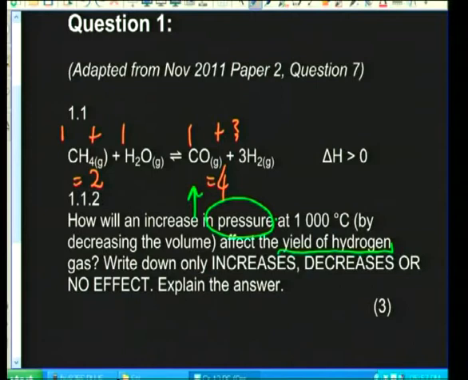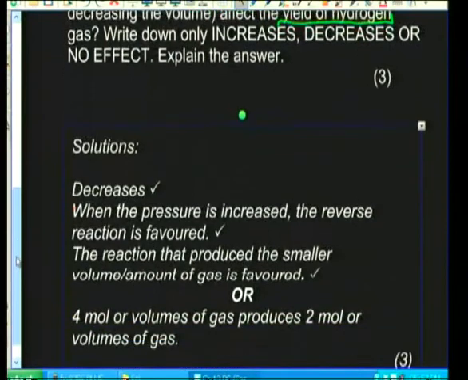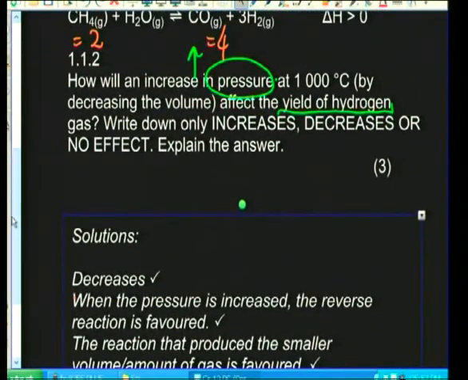So comparing those two, if I've increased the pressure, the system will react to decrease or lower that pressure, and it will do so by favoring the reverse reaction. So it will favor making 2 moles of gas. Let's have a look and check that we have the correct answer. Notice here, we're always having to answer our question.